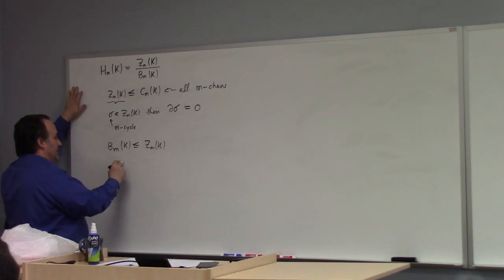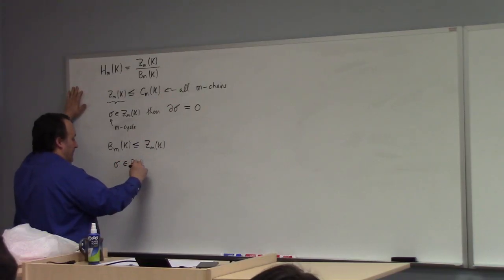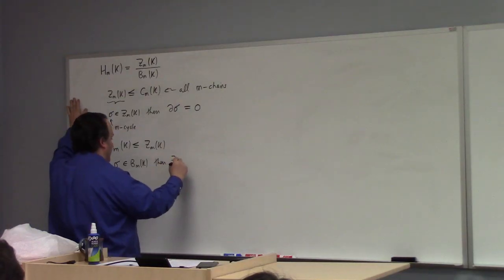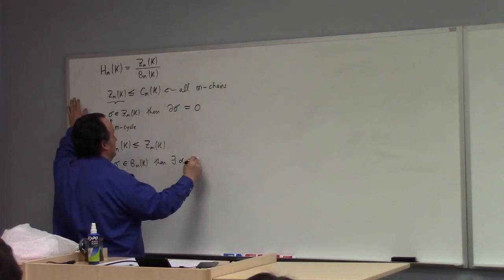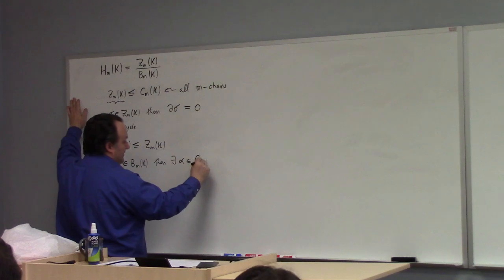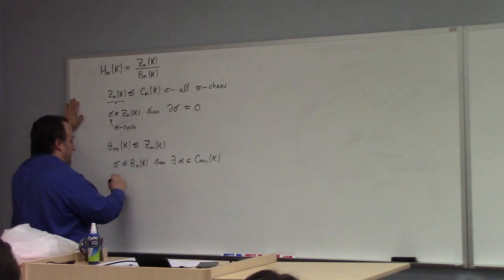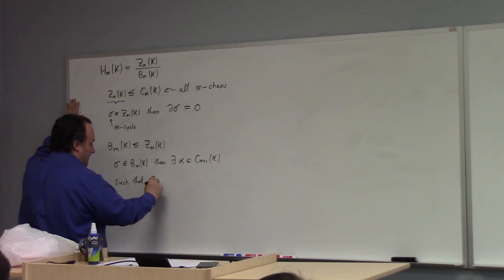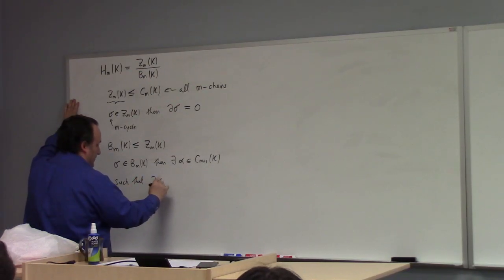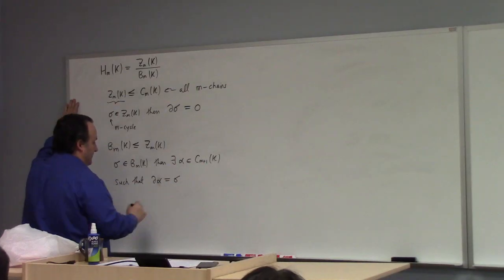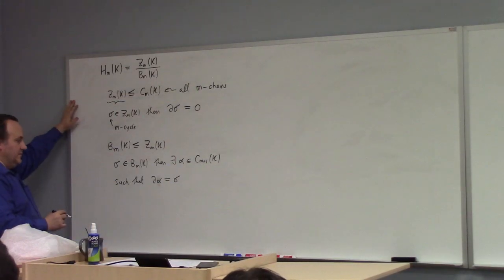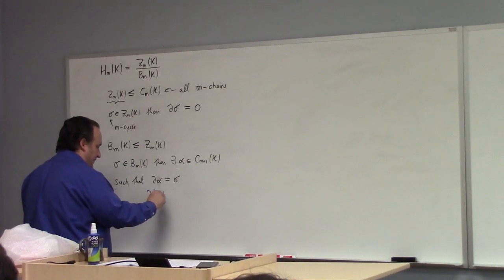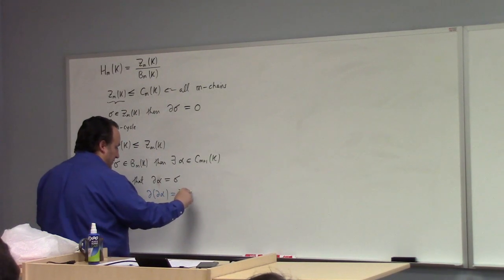If sigma is an element of B_M(K), then there exists alpha in the M+1 chains such that the boundary of alpha is equal to sigma. So the boundary of sigma is the boundary of the boundary of alpha, which is equal to 0.